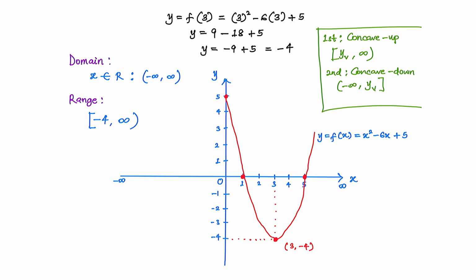That is from this -4 all the way to infinity are the possible values of y that satisfy this particular equation. If the graph was concave down, then we would write it in this format: from negative infinity all the way to the value of y at the vertex point. And this is how we draw the graph of a quadratic equation.